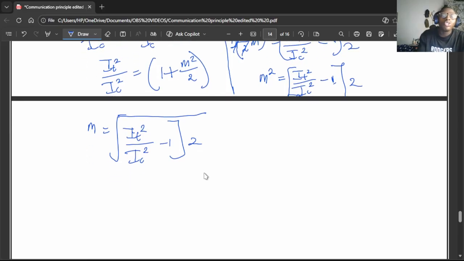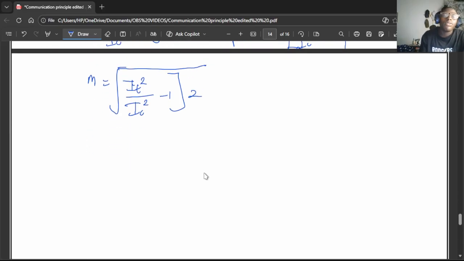So what do you do? The next thing you do is to input the values, and you get the value for your m without wasting time in the exam. So now we have m equal to the square root. What's your I_t? Your I_t here simply stands for your transmitted current, and your transmitted current was given to be 13.